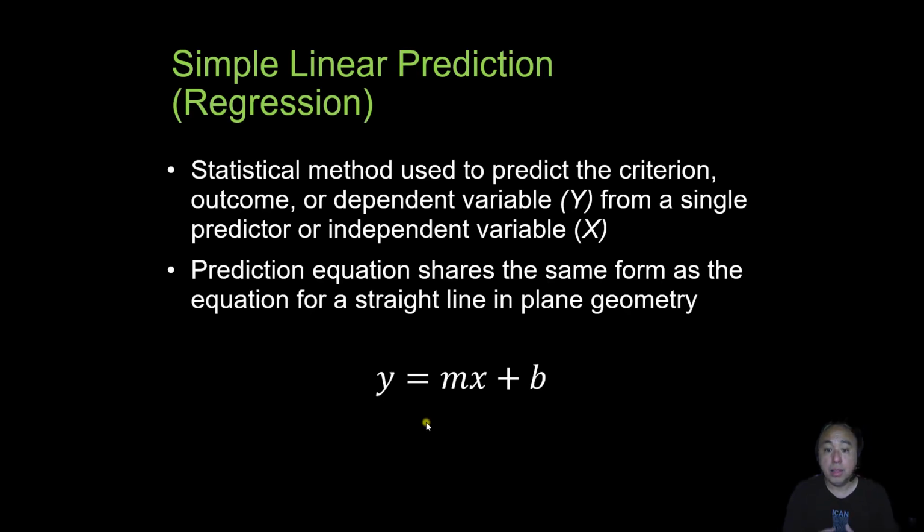So the statistical method used to predict is based on establishing what's called the regression or prediction equation, where y here is the dependent or response variable we're trying to predict. M here, as you know, is the slope, which is the change in y over the change in x. And then b, of course, is the y-intercept.